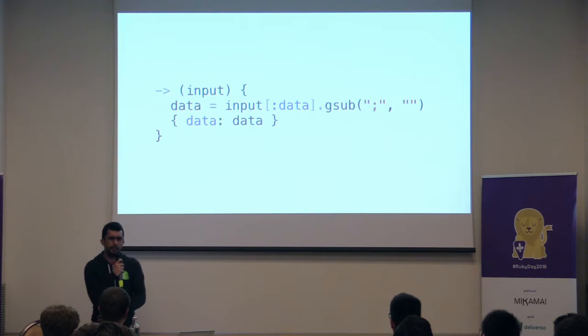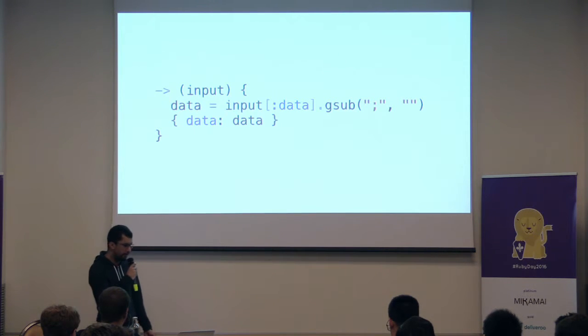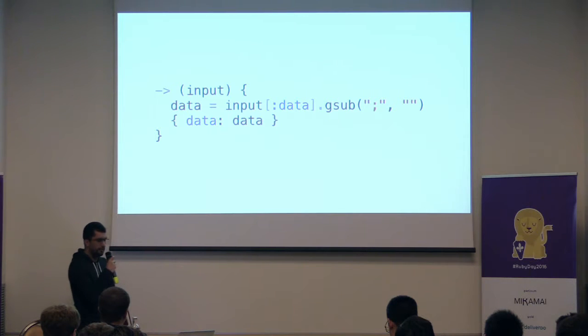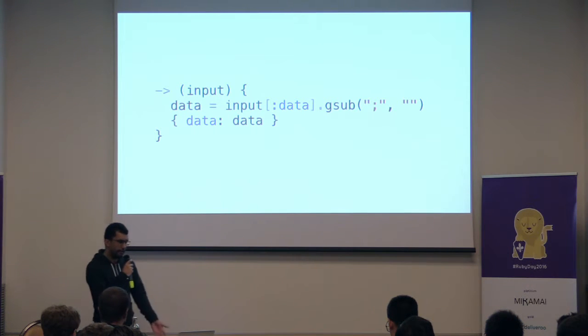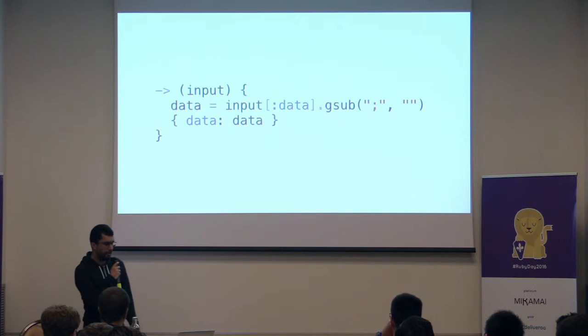This is an example of a processor. A valid processor for Sprockets is just a lambda. It means that it's a callable object that accepts an input, which in that case is a hash with the data itself, so it's the assets that you are compiling, and returns another hash that is only returning the data transformed.